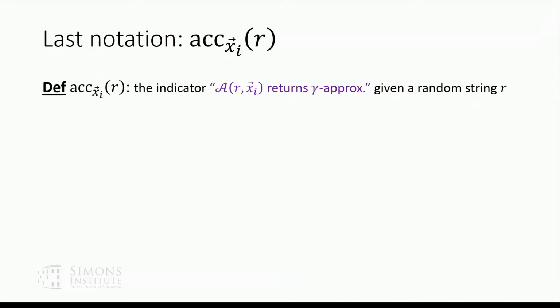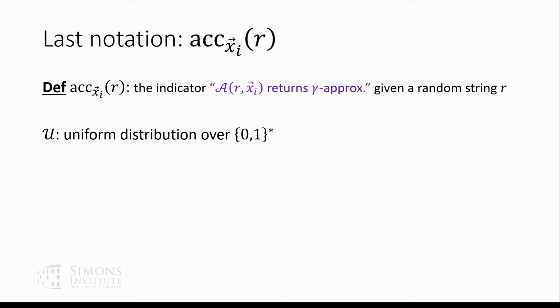So the last notation is this thing. Accuracy given R when the input is x_i is just an indicator of whether A, given this random string and the update sequence x_i, is accurate, that is, whether it returns this gamma approximation.